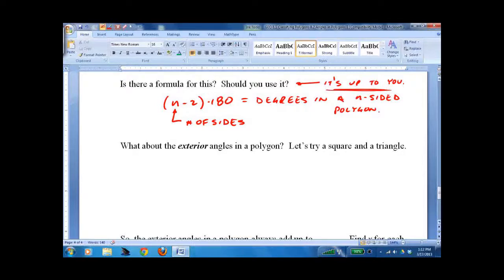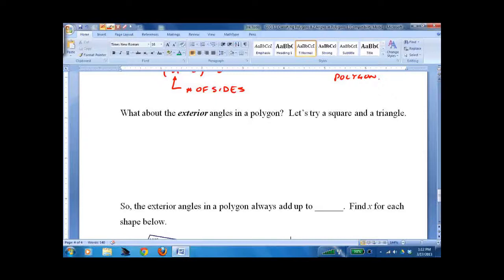So how about the exterior angles? So let's try two shapes. Square and an equilateral triangle. So 60, 60, 60, 90, 90, 90, 90. So what's an external angle?